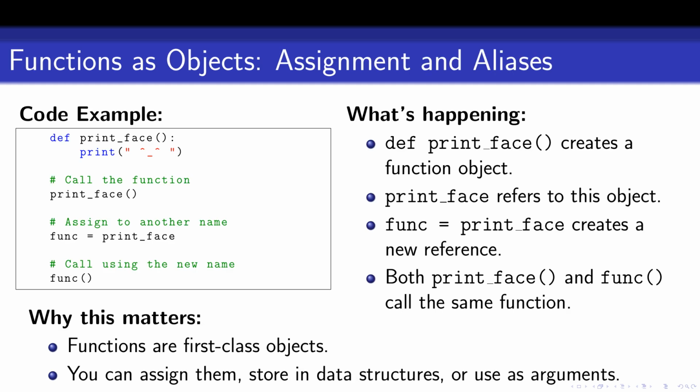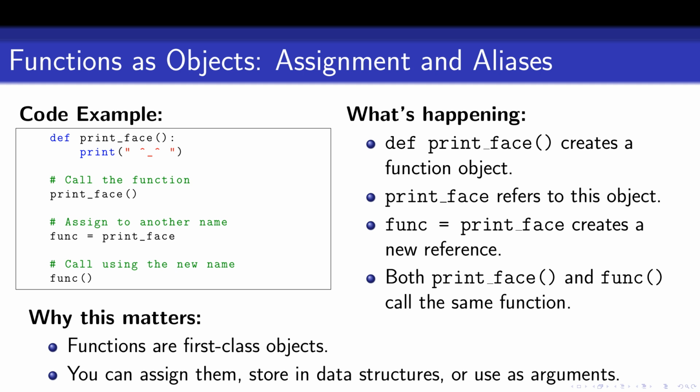Here we see an example that demonstrates how functions can be assigned to other names and called through those aliases. First, the function printface is defined to print a simple facial expression. Then, it's called in the usual way. After that, the same function is assigned to a new variable, func. When func is called, it executes exactly the same code.